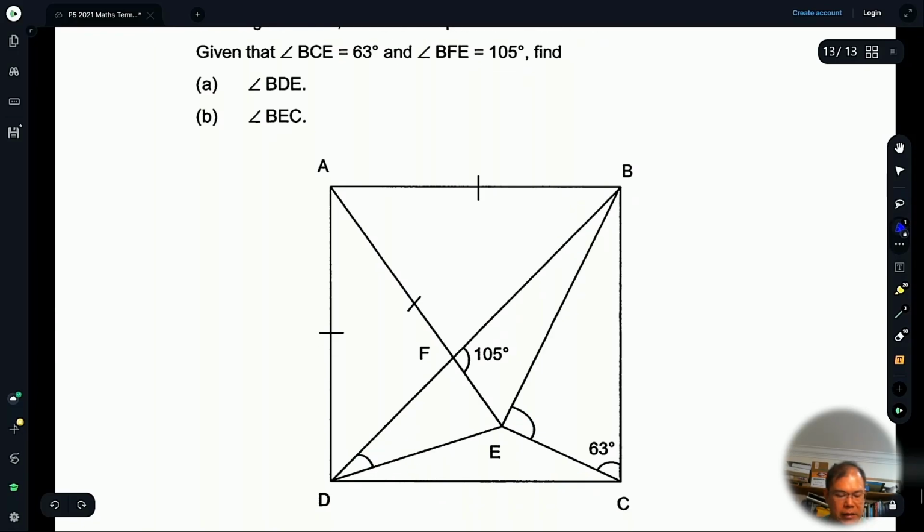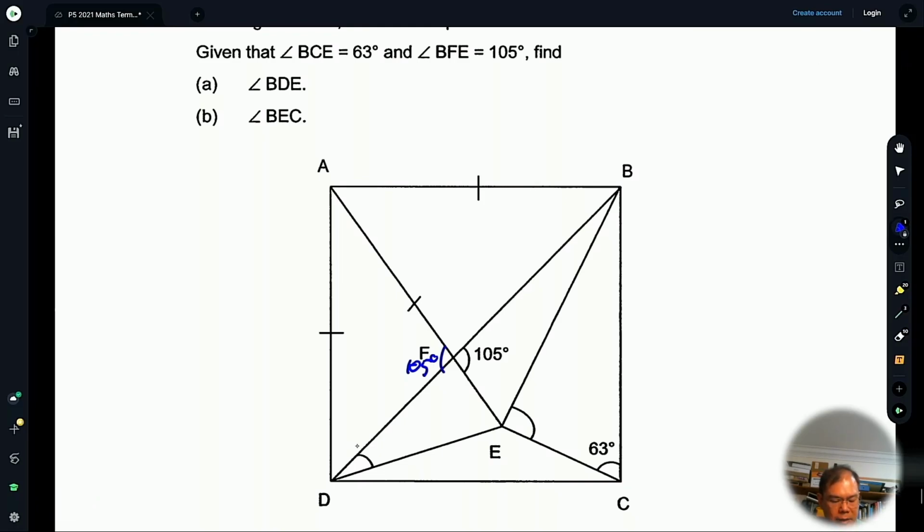Now in this case, I'm going to make use of a few properties of angles. I'm going to mark out some angles that I already know without calculating. One of them will be this angle here, 105 degrees, because of vertically opposite angles.